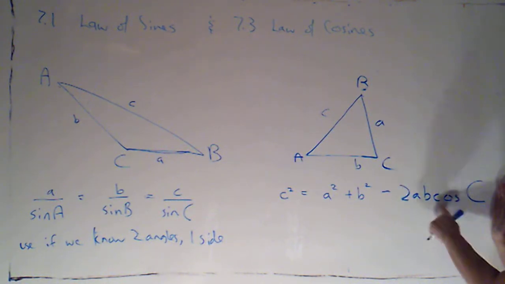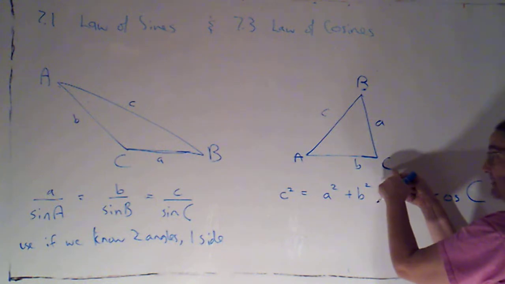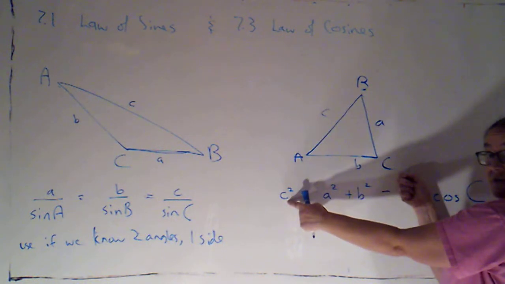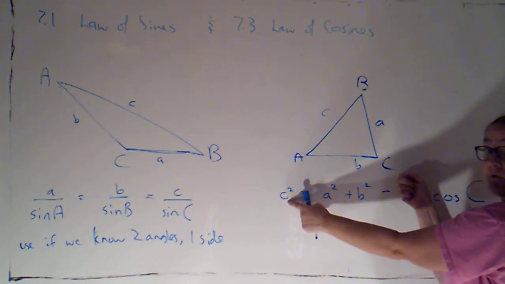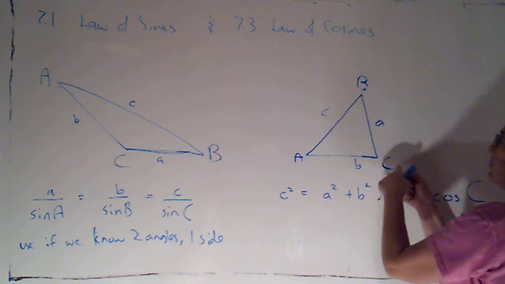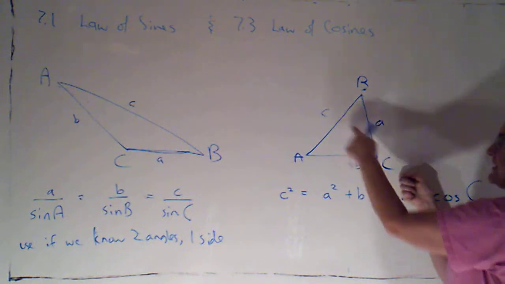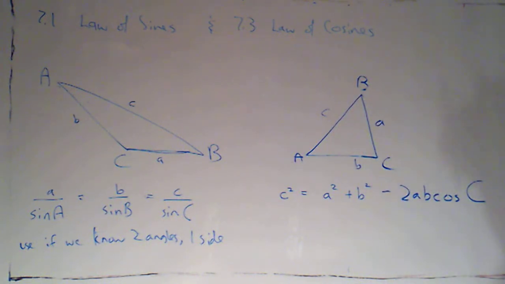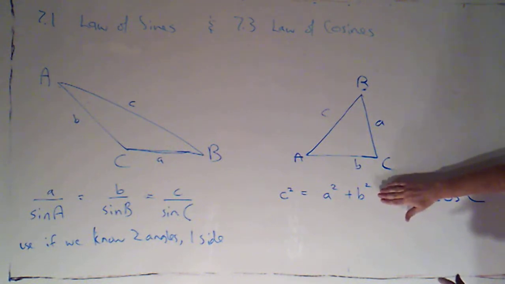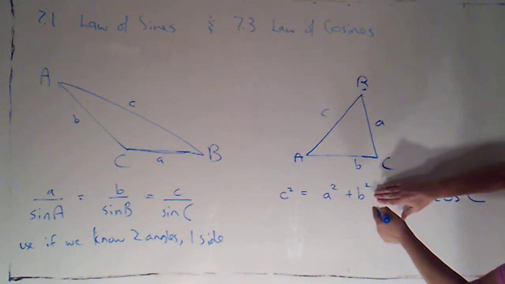So notice the cosine of the angle is of the angle that side C is opposite, since C is the side I singled out so that we've solved for C squared. Okay. Notice, if I didn't have this term, that looks kind of like the Pythagorean theorem.